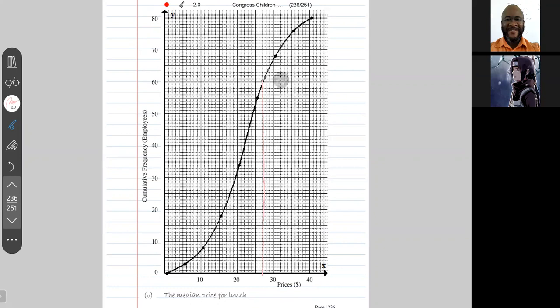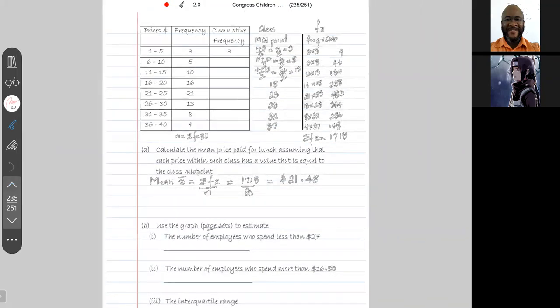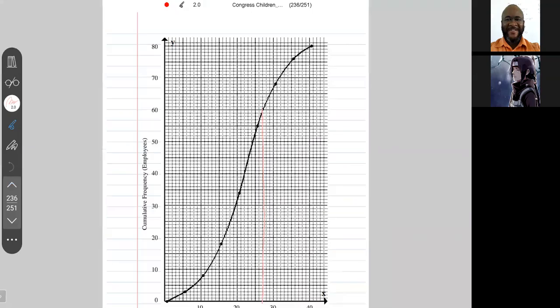Anywhere it hits the curve, you're going to go across.